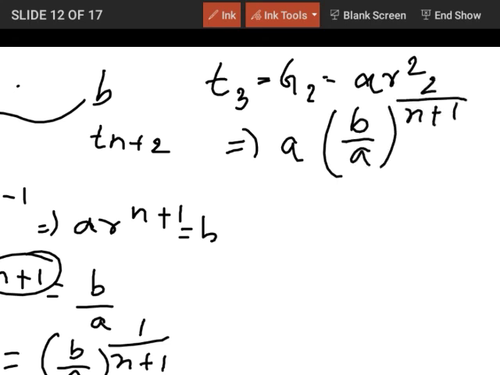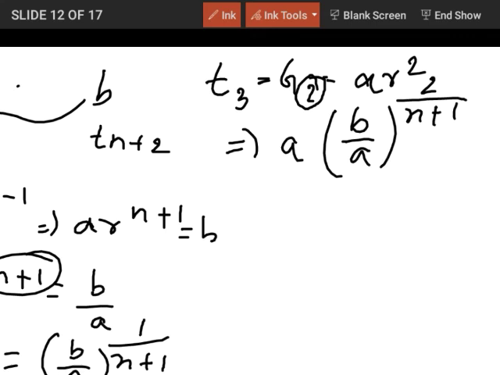Now do you see a pattern? The second geometric mean is a multiplied by (b upon a) raised to the power 2 upon n plus 1, and the first was a multiplied by (b upon a) raised to the power 1 upon n plus 1.